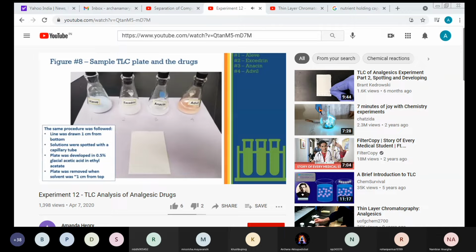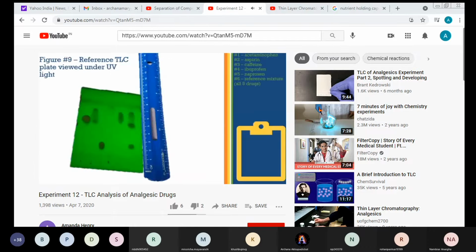The plate was developed in 0.5% glacial acetic acid and ethyl acetate and was removed from the developing solution when the solvent was approximately 1 centimeter from the top. In order to view the data, 2 methods were used. First, the plates were observed under UV light. This is the reference plate under UV light.